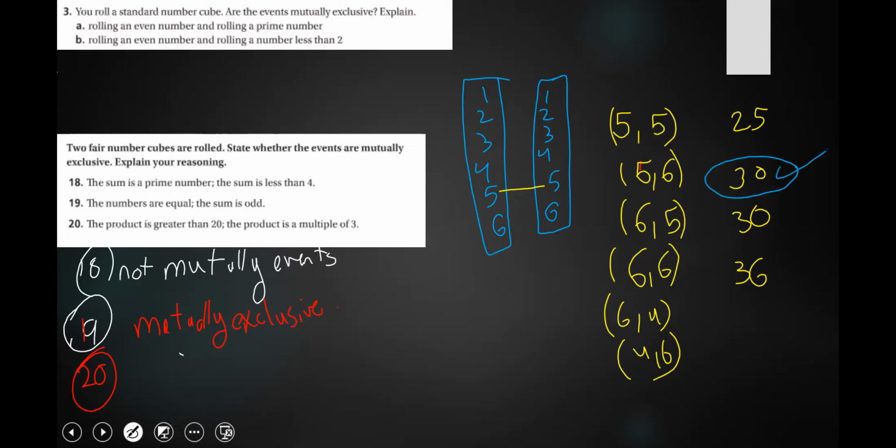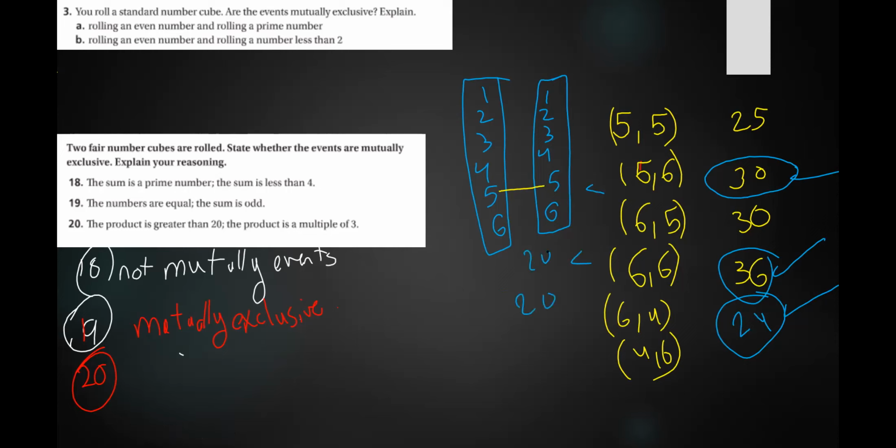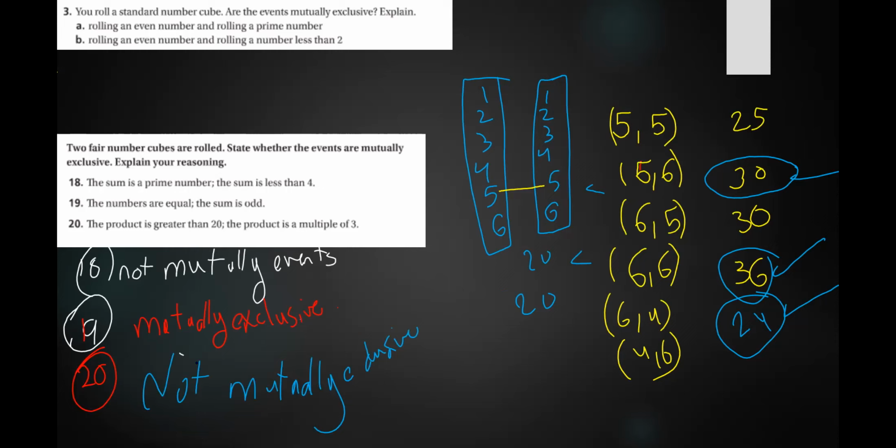A multiple of 3. We have 36, a multiple of 3. We have 24, a multiple of 3. And also they are greater than 20. So it can be. So I will say that number 20 is not mutually exclusive. Please don't erase this. Just a second. Okay. Is it clear?